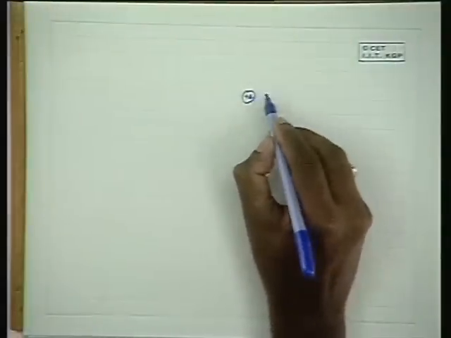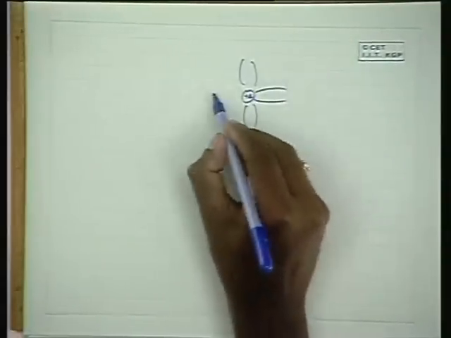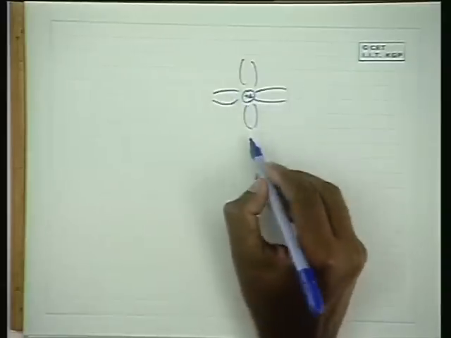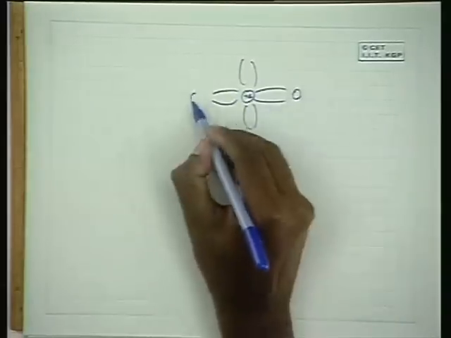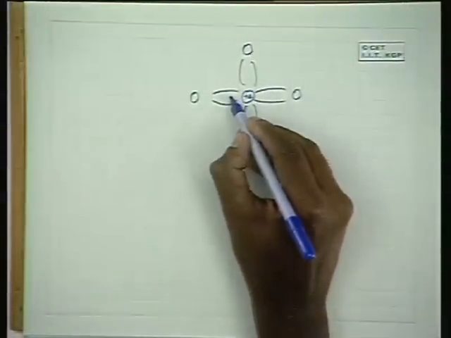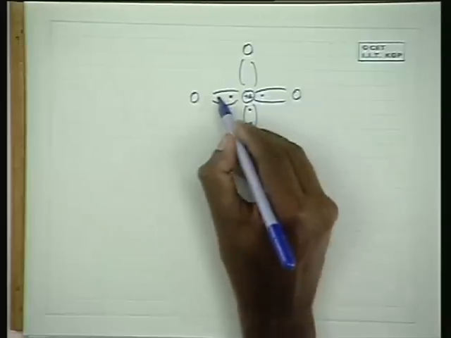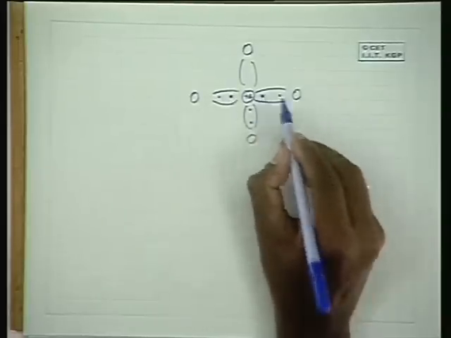Let us look at this diagram. So in a semiconductor lattice material, as you know, an atom forms covalent bonds with adjacent atoms, sharing its electrons with them.